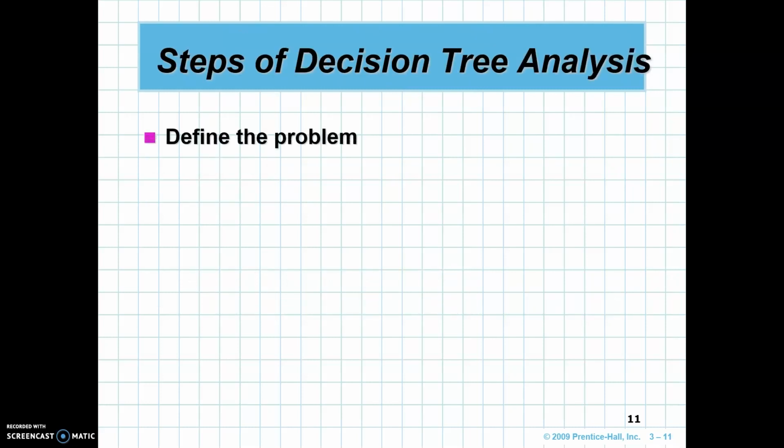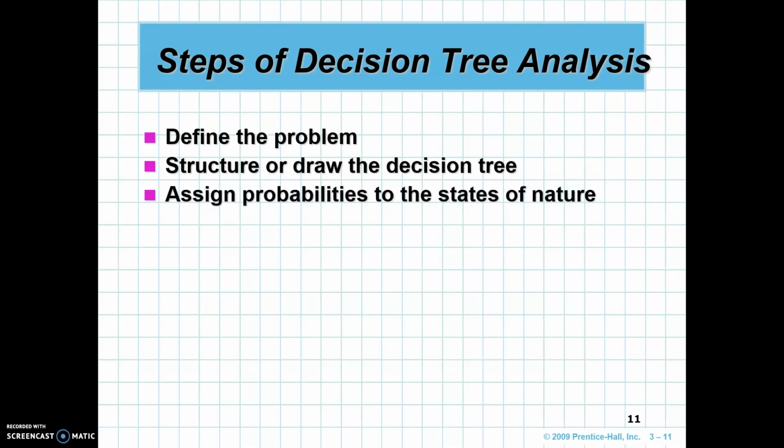Steps of decision tree analysis: define the problem, structure or draw the decision tree, assign probabilities to the states of nature, right? Assigning the probabilities is the most important task because decision making under uncertainty or risk is based on this phenomenon that probabilities are assigned to different states of nature, so that we can find out which alternative is the best one, right?